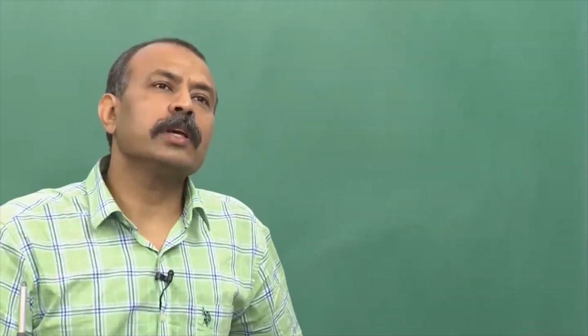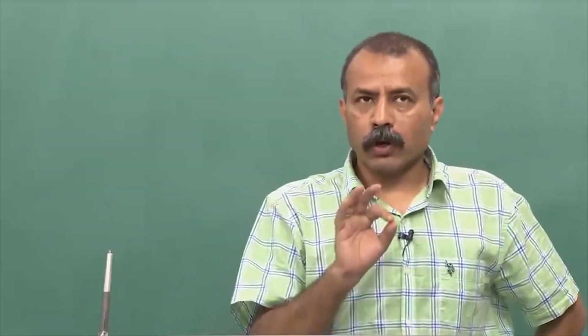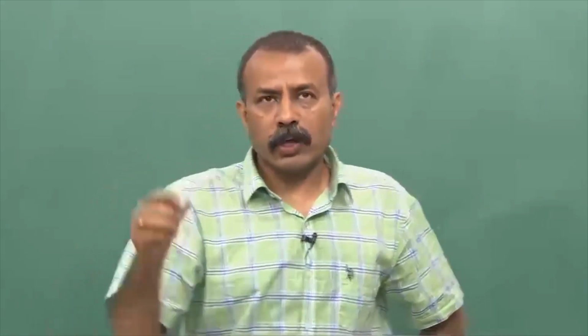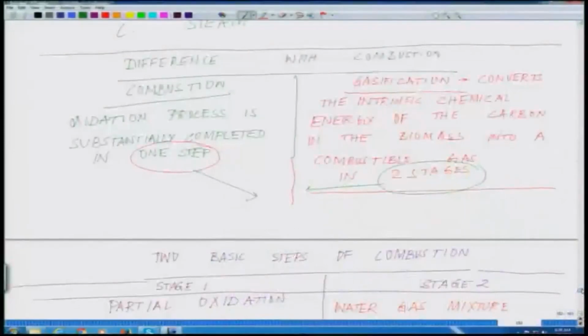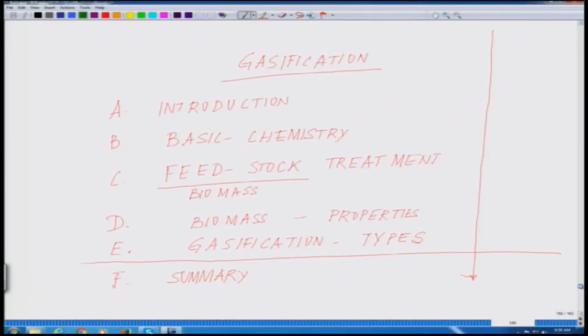But there is another route. This gasification does not happen purely by thermochemical processes, though we will not talk about it today. Just to give you an idea, when we talk about gasification, there are two routes by which one can think of gasification.